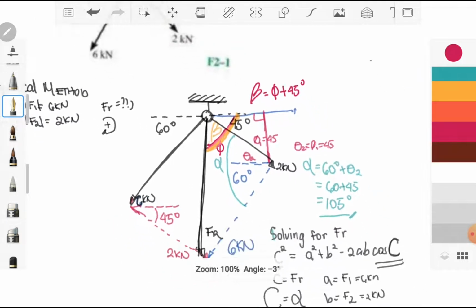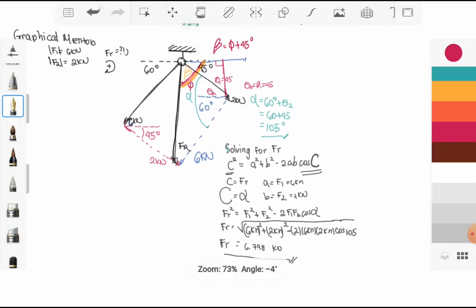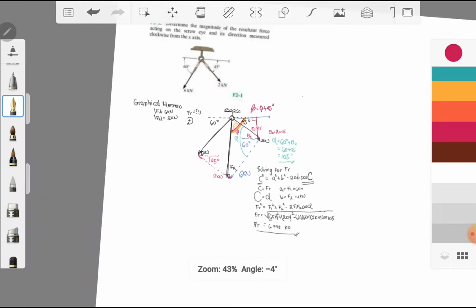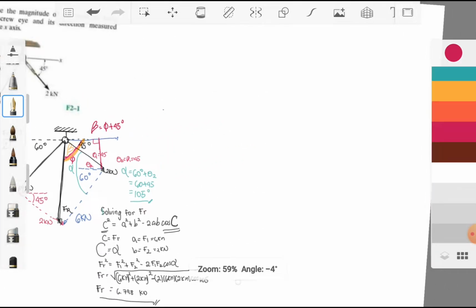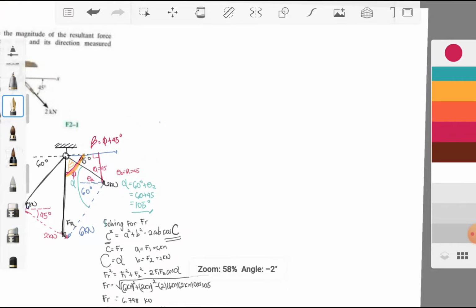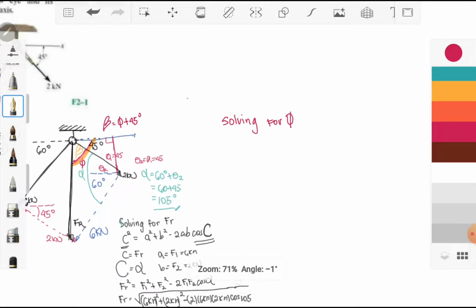How will you solve for your phi? Okay, solving for phi, go back to the figure.